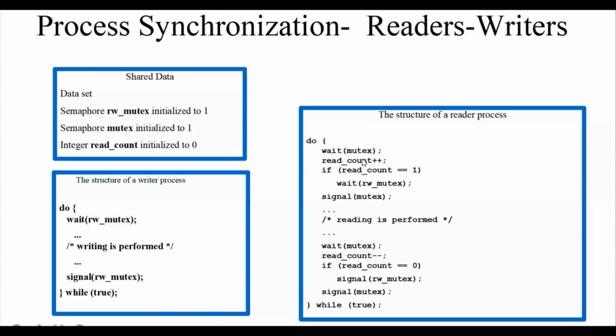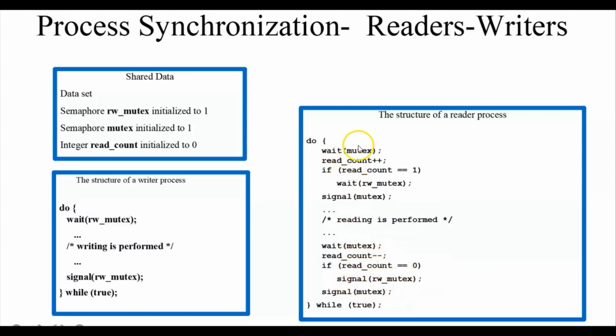And the logic that we are using is that the first reader process is going to obtain a lock on the write operation, meaning that when the reader process is performing the read operation, the writer process should not be performing a write operation. Hence, it's the responsibility of the first reader process, as you can see here, to lock the write operation. And the last reader process's responsibility is to unlock the write operation.